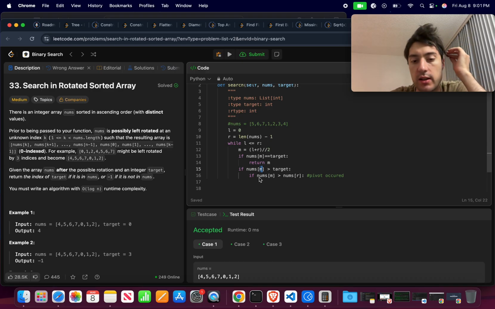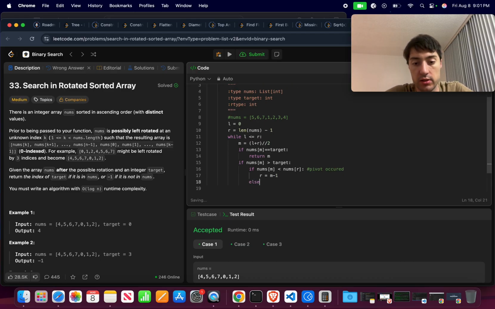And now I'm going to change this to be like this. If my midpoint is less than my right point, that means the pivot did not occur. In this case m is too big, and everything to the right of my mid is too big. So I need to get rid of that portion. So right is going to be equal to mid minus 1.